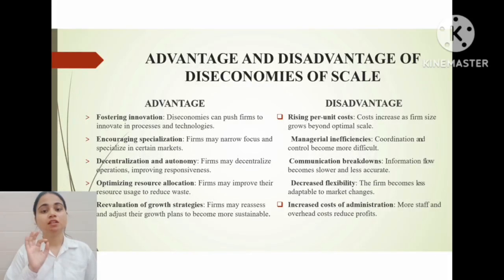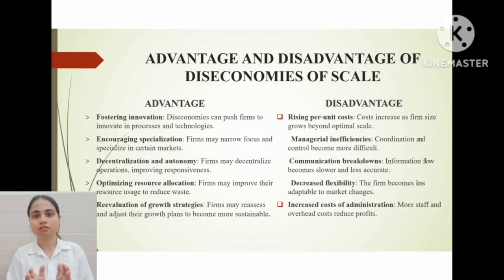Third is communication breakdowns. Information flow becomes slower and less accurate. Next is decreased flexibility. The firm becomes less adaptable to market changes, as the firm covers a large area, so it is difficult to adapt to the flexibility that the market demands repeatedly.